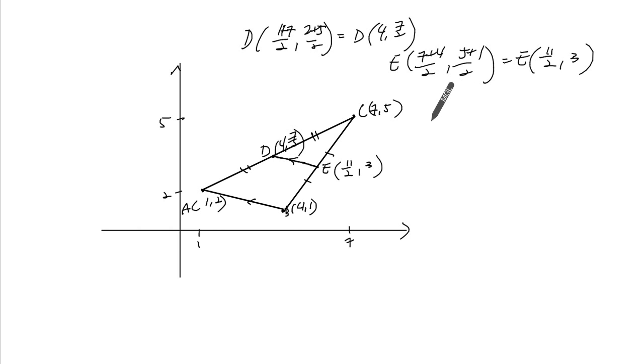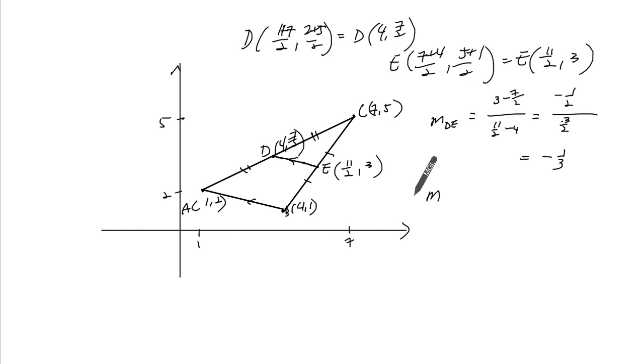Let's find the slope between DE, which is 3 minus 7 over 2, over 11 over 2 minus 4. That gives you 6 minus 7 over 2, and 11 minus 8 gives you 3 over 2. So that gives you exactly negative 1/3.